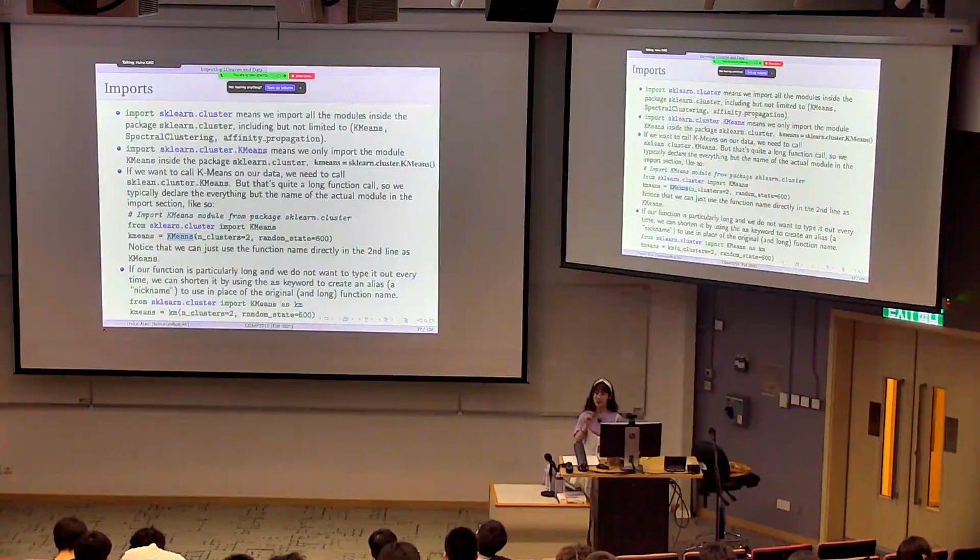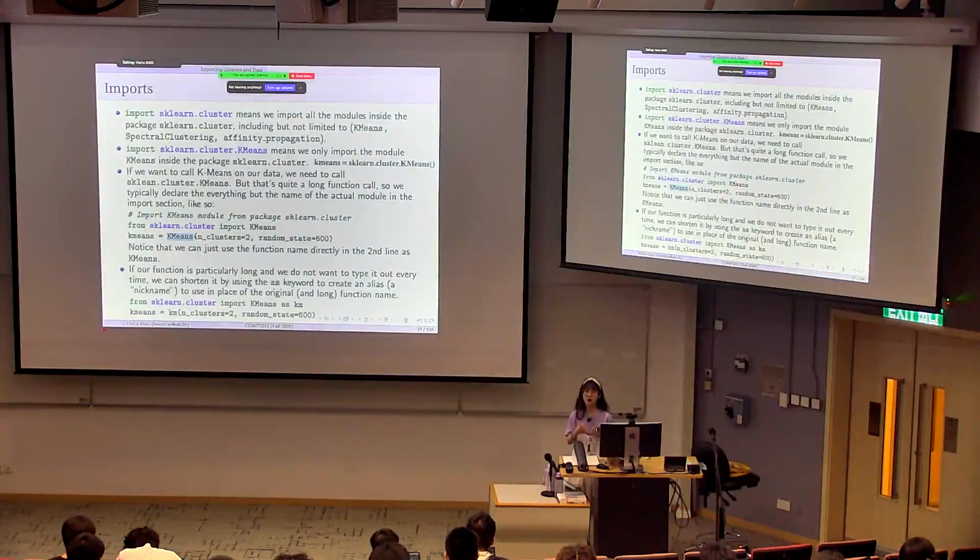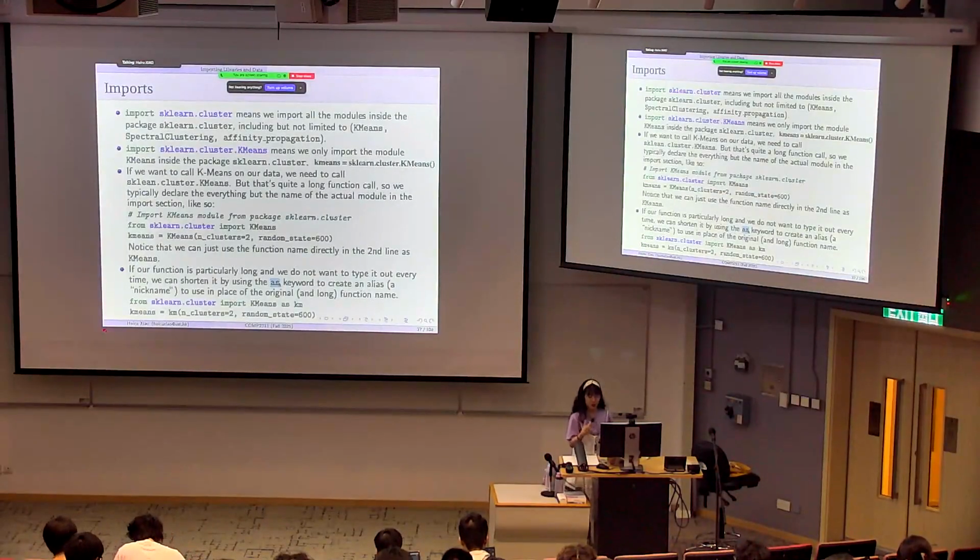Can I further shorten it so that it becomes a very easy name? Yes, you can. We introduce another keyword, as. If we use the keyword as in an import command, that means we want to create an alias, or you can say a nickname, to use in place of the original and possibly very long function name.